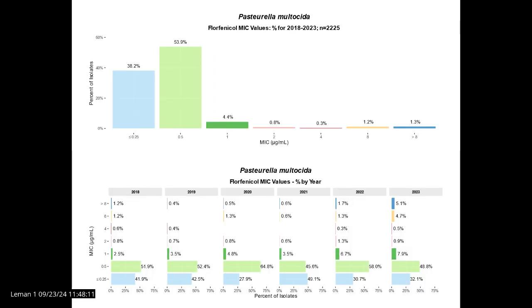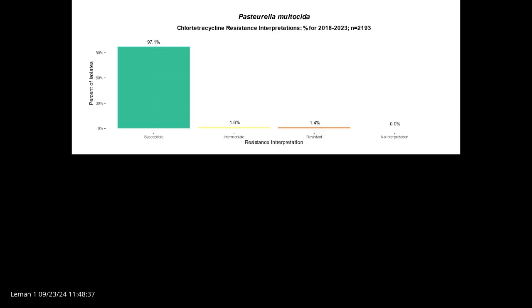And when we look at the MIC over time, we see that almost 90% typically is sitting in the first two dilutions, and that seems fairly stable here. But then in 2023, we've got this cluster that's almost 10% are at 8 or greater than 8 for MIC, so that's something that we'll want to keep an eye on and see if it continues, whether or not there might be something that we'd have to take a look at.